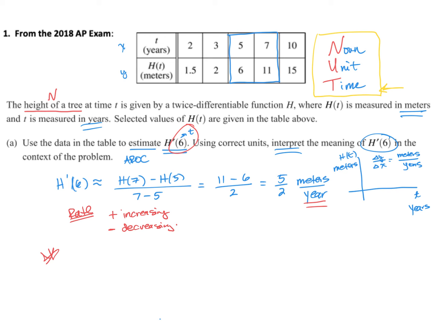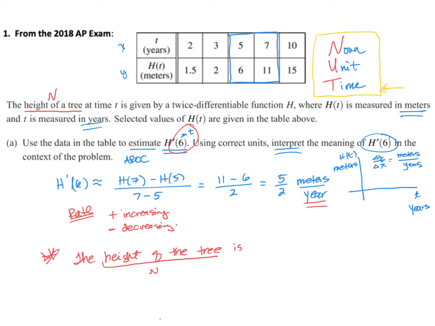So our justification, or our context in this case, is going to be the height of the tree. Okay, so that's our noun. Now we're not doing our units yet because we're going to talk about what's happening in the tree.